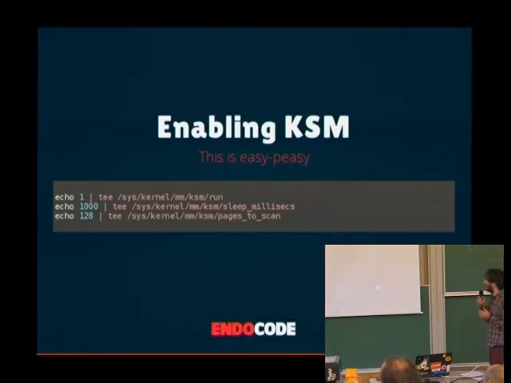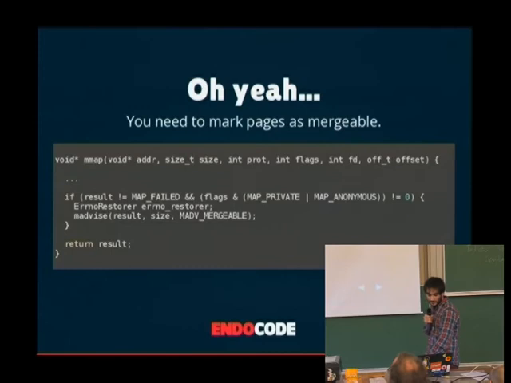You can also define the pages to scan, so in each scan it will scan 128, for example, here. And you have to find the right balance for this. You have to test how it affects your battery and how it improves your RAM usage.